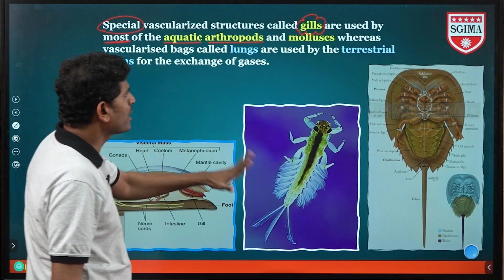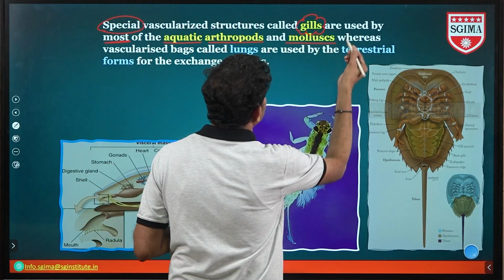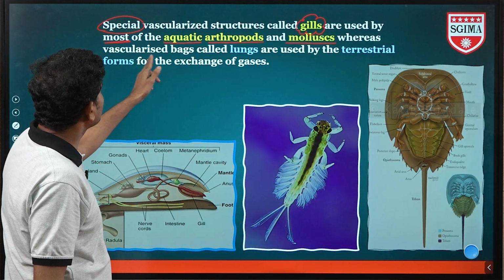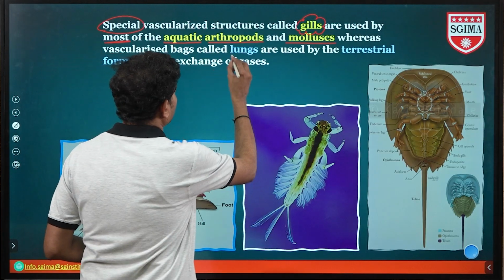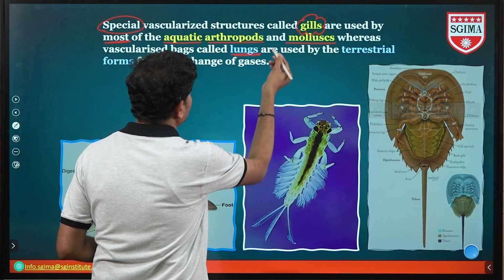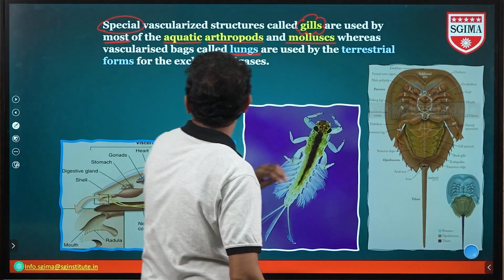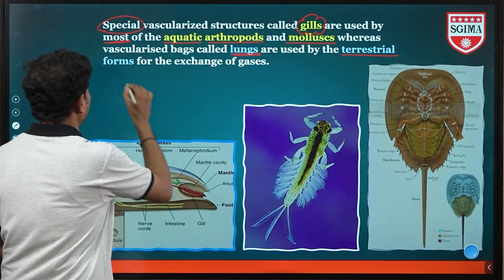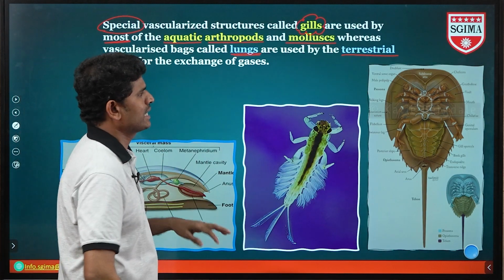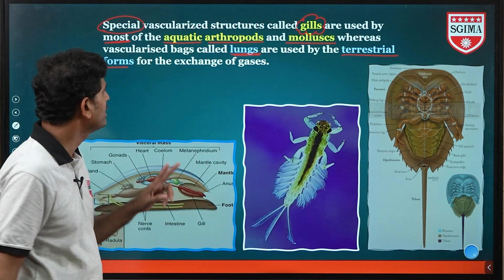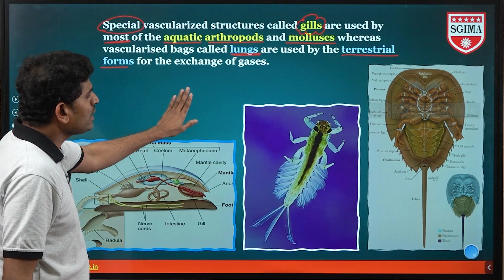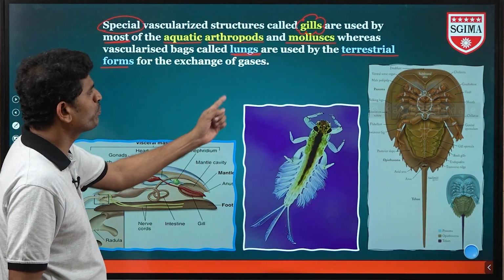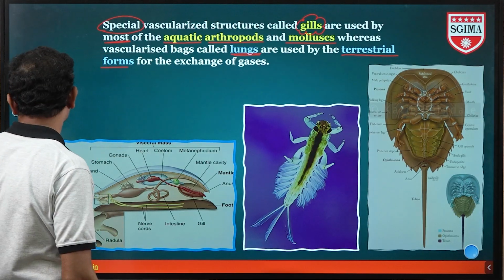Even in molluscans, gills may be present. Whereas vascularized bags called lungs are used by the terrestrial forms. Terrestrial forms बोले तो which are living on land for the exchange of gases. Here we have to remember 2 points. One is gills as respiratory organs in the aquatic arthropods and molluscans. Okay, we can write that also.